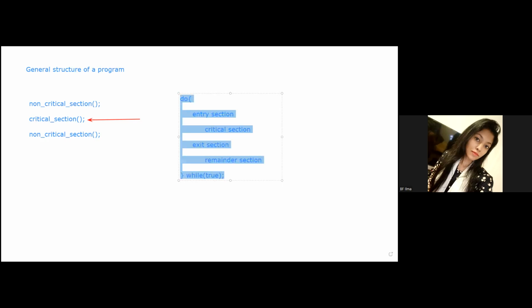This while true is used to denote that this is a recurring problem. We have some new stuff here, this entry section and the exit section. Basically, this is the thing that we are going to protect. So we are introducing a technique to protect our critical section and to ensure that it is executed atomically, which means like a single instruction.